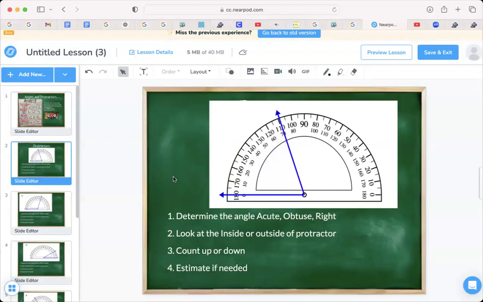58 more seconds. 50 more seconds. 40 more seconds. 30 more seconds. 20 more seconds.